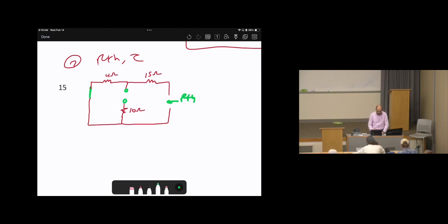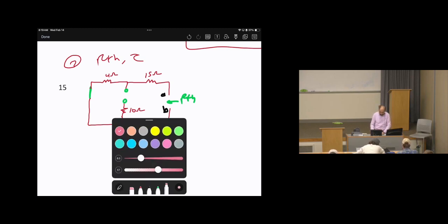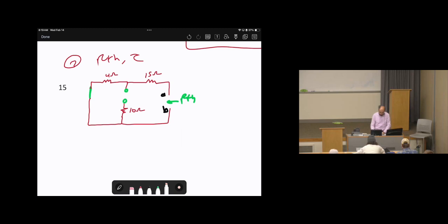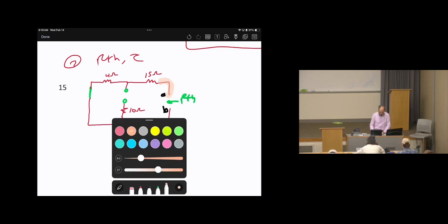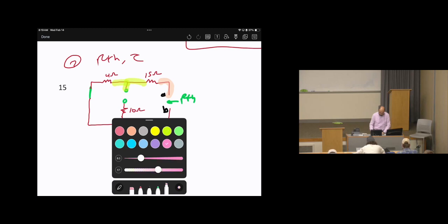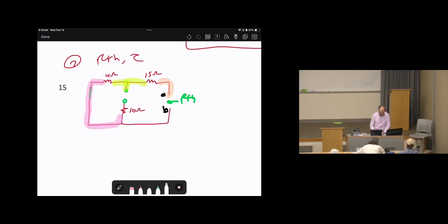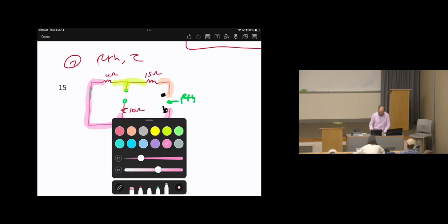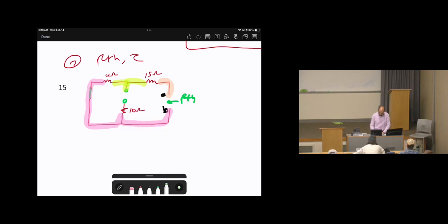So basically, I will say this is point A, this is point B. So we need to calculate R Thevenin. How to calculate R Thevenin, which is R equivalent? Basically, we can do it by labeling the nodes. Here is node A, this is node B.